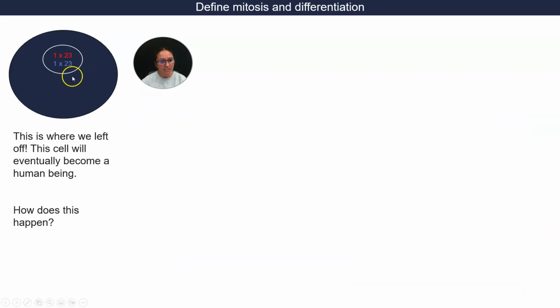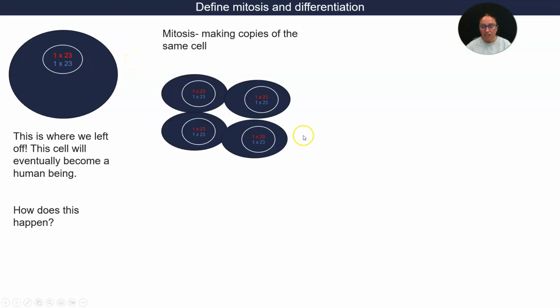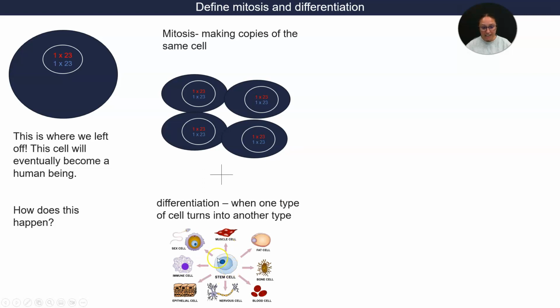Okay, so this new cell that we just made is going to become a human being. How does that even happen? Well, we make copies of this cell, lots and lots of copies. Also, cells can turn into other cells. If I have a stem cell, I can turn that into a fat cell, a bone cell, a neuron, an immune system cell.